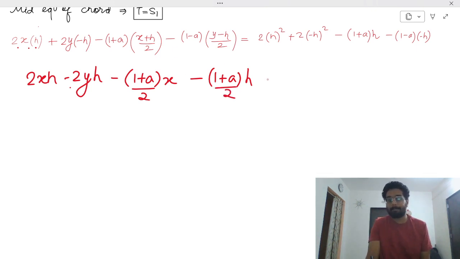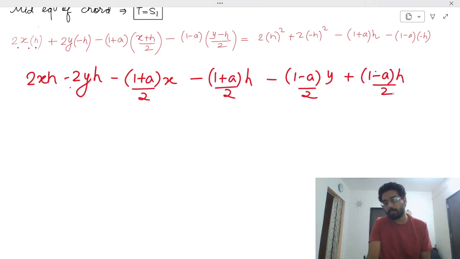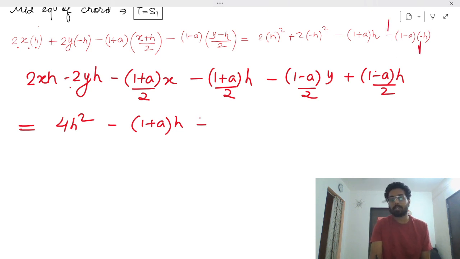Over here we are having minus 1 minus a into y by 2, and minus of minus becomes plus, so 1 plus 1 minus a into h by 2 is equal to 2h square. 2h square becomes 4h square, minus of 1 plus a h, minus of minus of minus becomes plus 1 minus a h. This is the equation of the chord.